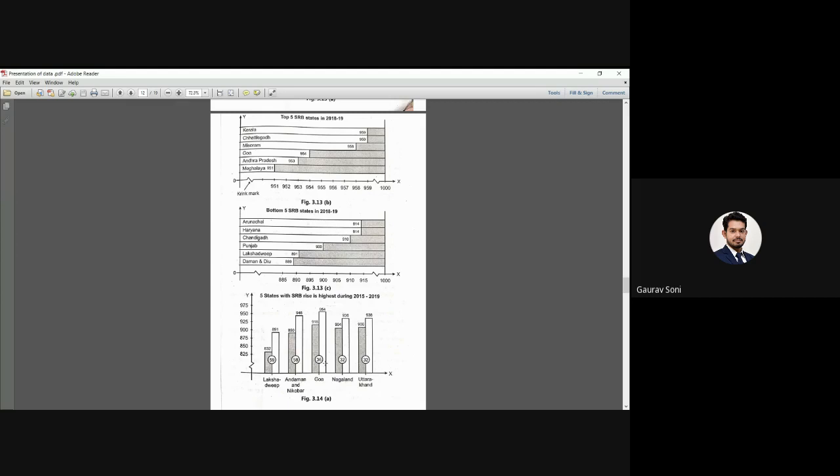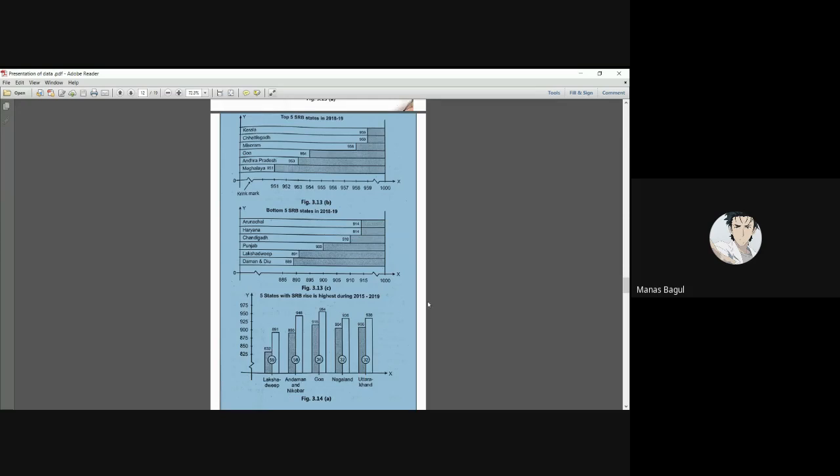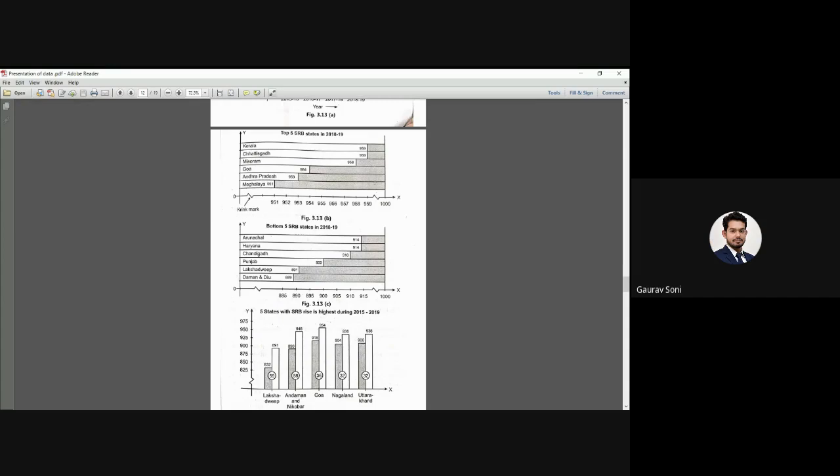But even if you look at the number 954, Kerala and Chhattisgarh are still above it, at 959. But no data has been shown that Kerala wasn't 959 the year before. We can't compare, and the only comparison done is for Goa. That's why I said Goa.